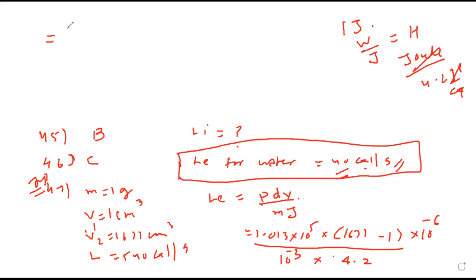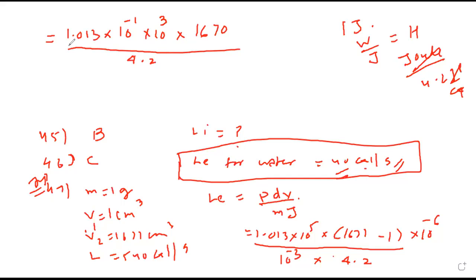This equals 1.013 into 10 raised to minus 1 into 10 raised to 3 into 1670 upon 4.2, 10 raised to minus 6 into 4.2 joule per calories.